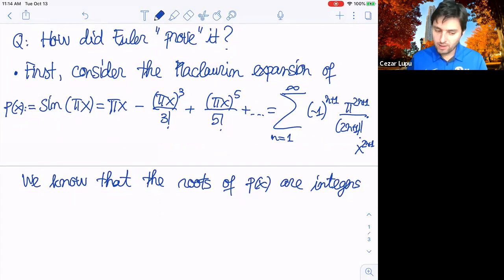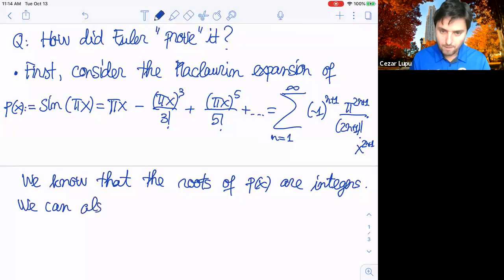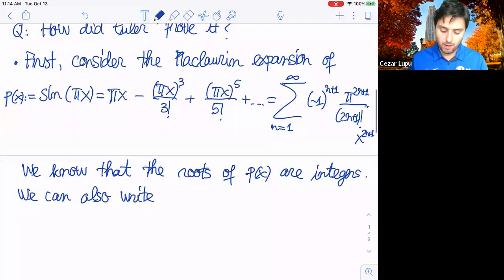And now what he did is the following. He also expanded this polynomial as a product. So we can also write this polynomial p of x in the following way.